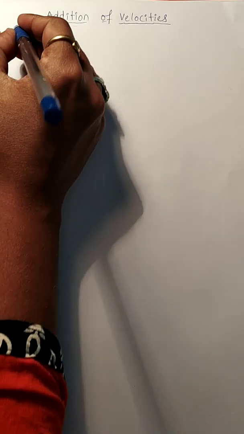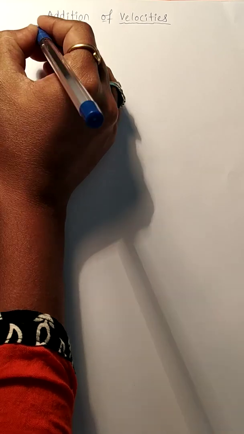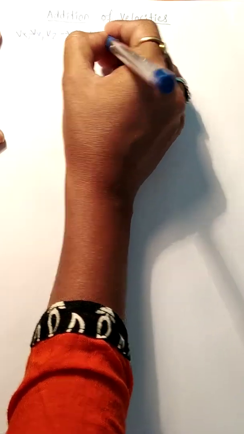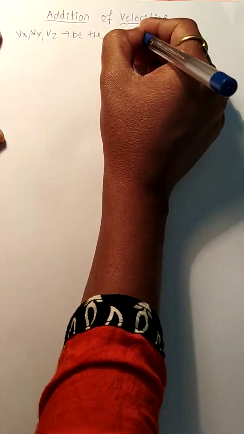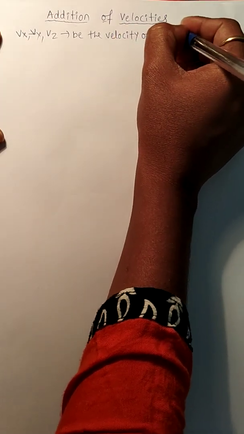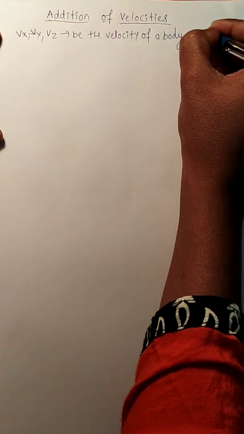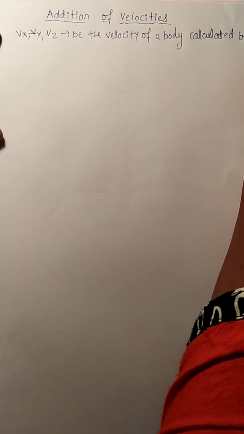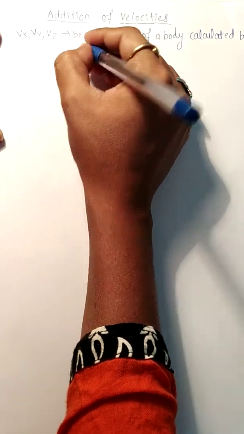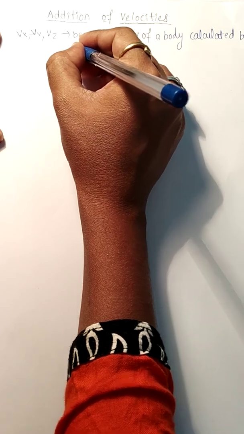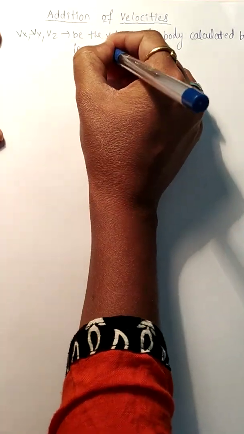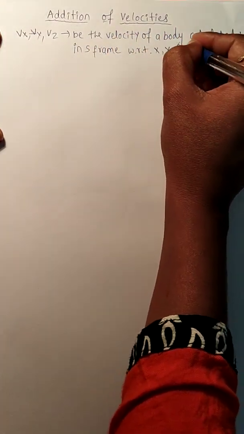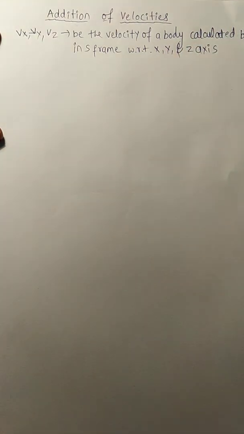I will write here: φx, φy and φz be the velocities of a body calculated by a person in the S frame with respect to the x, y and z axes.